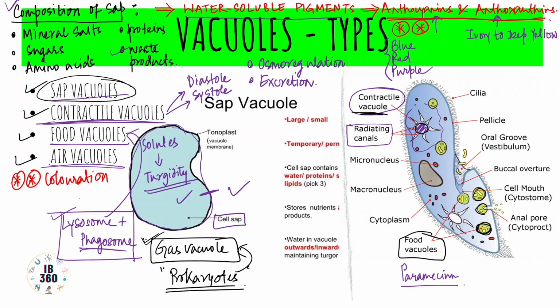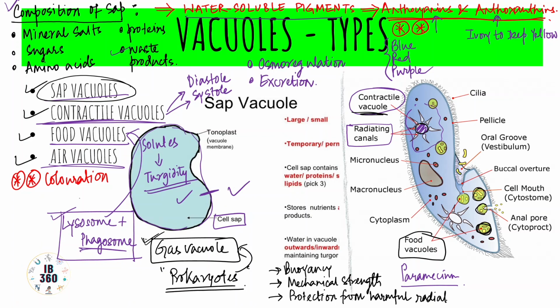In the process, these vesicles provide buoyancy, also mechanical strength, and very importantly, protection from harmful radiation. So these are the functions of gas vacuoles.